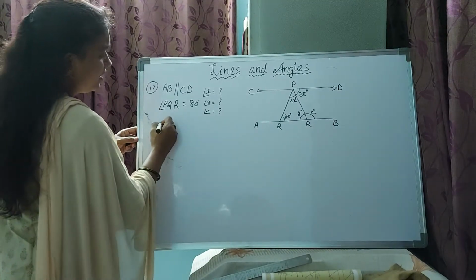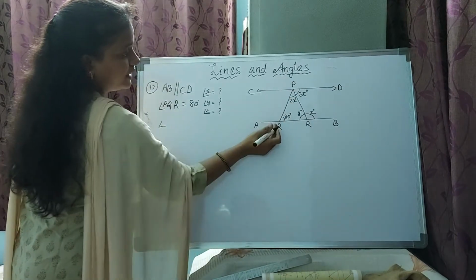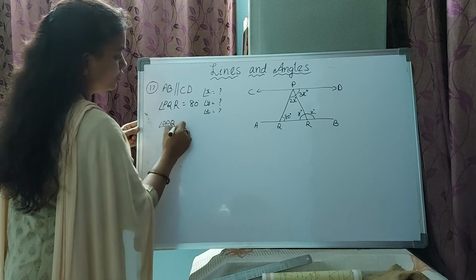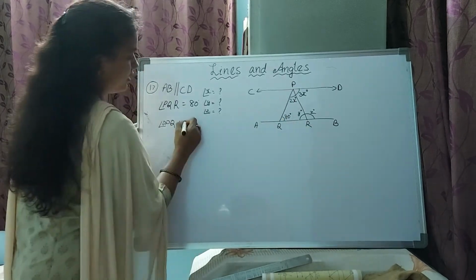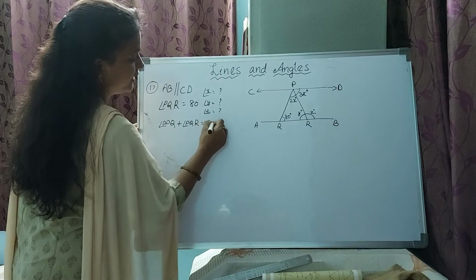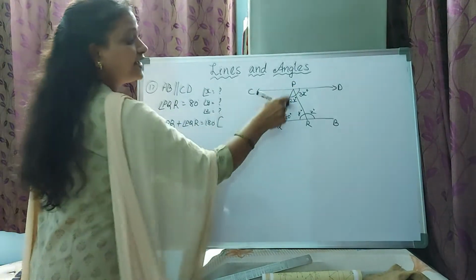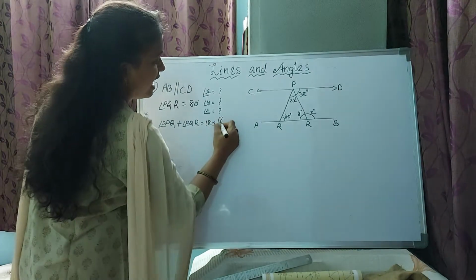Angle DPQ plus angle PQR is equal to 180 degrees. Why? Because these two angles are on the same side of the transversal.